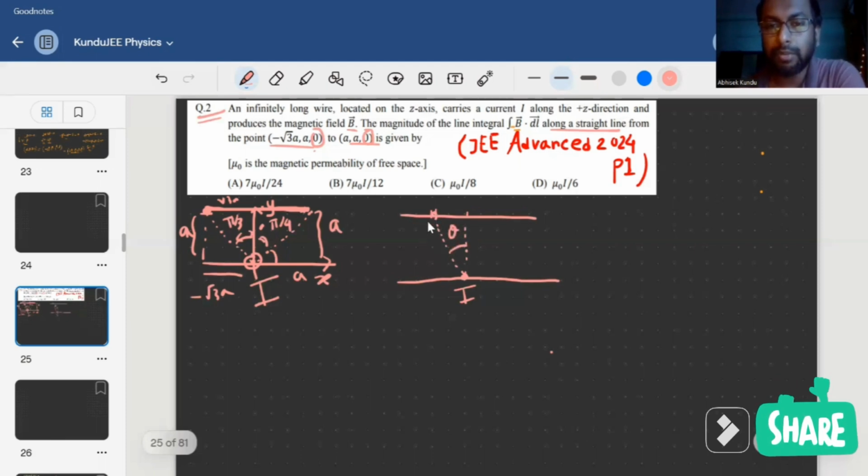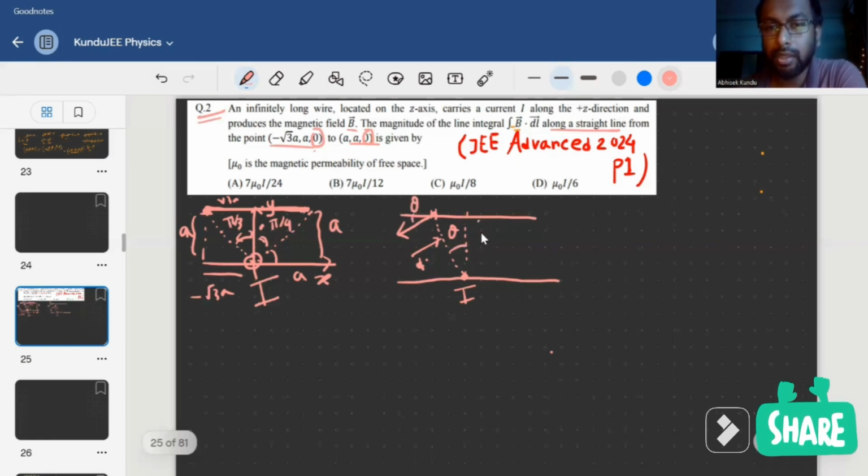What will be the direction of the magnetic field? If I is outward, this is the distance from the current carrying wire. So the magnetic field will be in this direction, perpendicular to it. This is theta, so this is also theta.